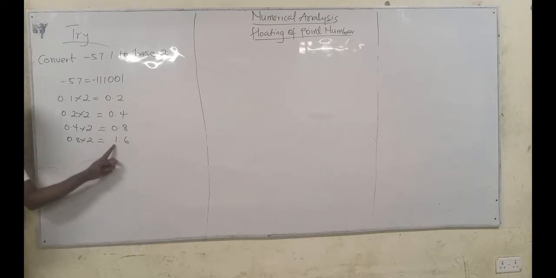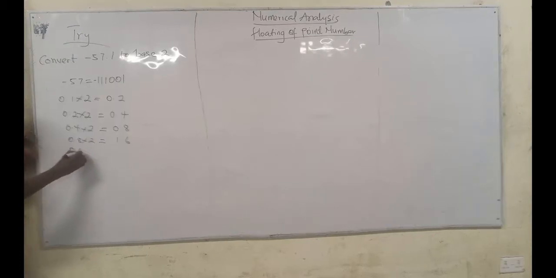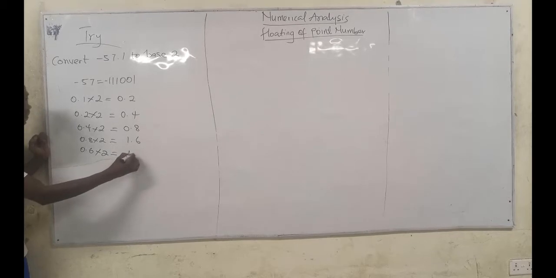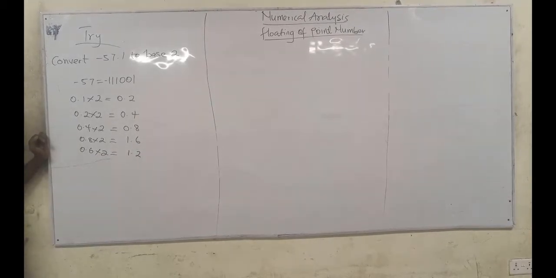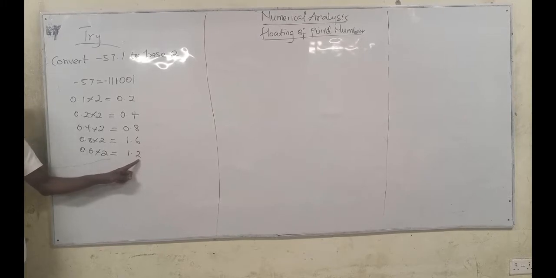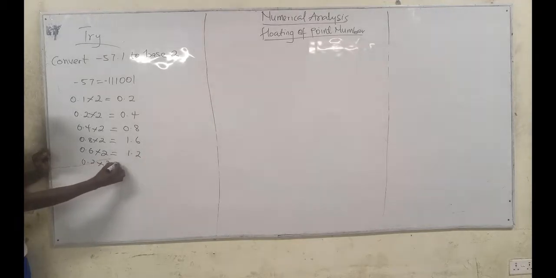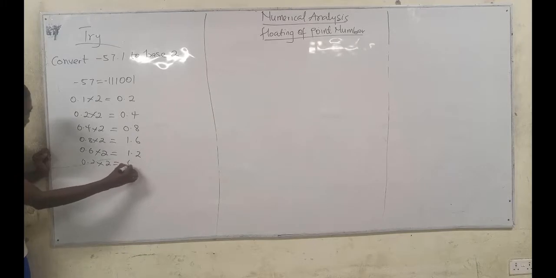So what do you do? You take 0.6 and multiply by 2. What do we get? 1.2. Is that okay? So the 0.2 is not in base 2. Is that clear? You multiply 0.2 by 2, and you get 0.4.